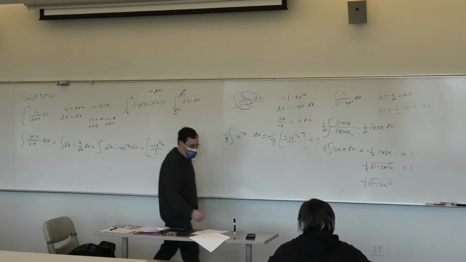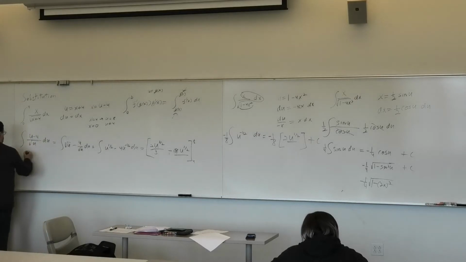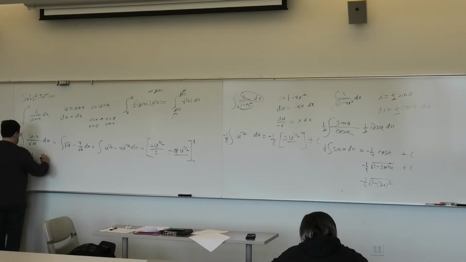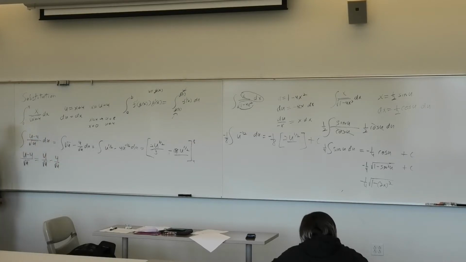You gotta watch out, I make mistakes. So I have u minus 4 over square root of u. So that's u over square root of u minus 4 over square root of u. You multiply by the square root of u.